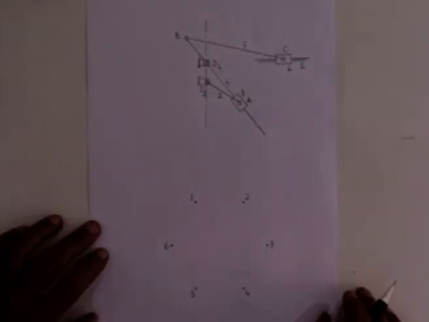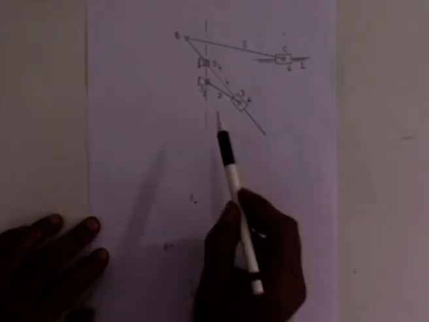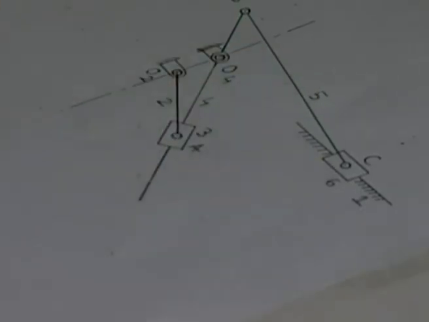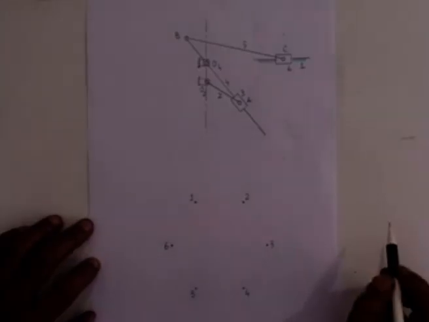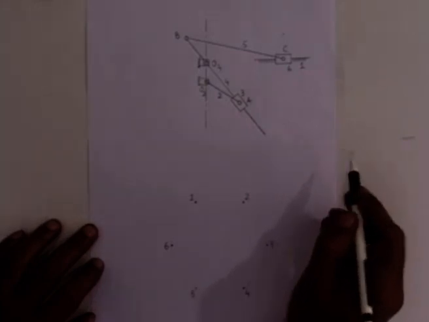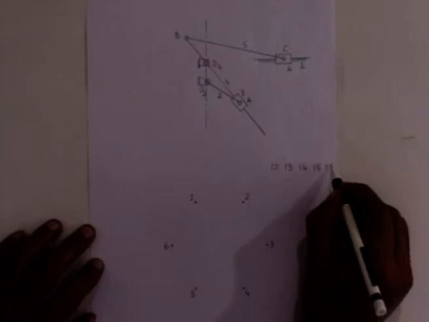So our first task is to obtain all the relative instantaneous centers. As we see, there are fixed link 1, and links 2, 3, 4, 5 and 6. So if there are 6 links, then the total number of relative instantaneous centers is 6 into 5 divided by 2, that is 15. First of all, let me list all the 15 relative instantaneous centers, namely 1 2, 1 3, 1 4, 1 5 and 1 6.